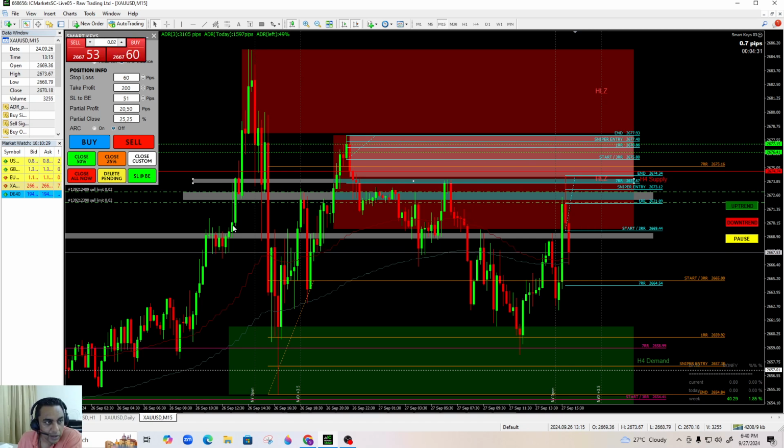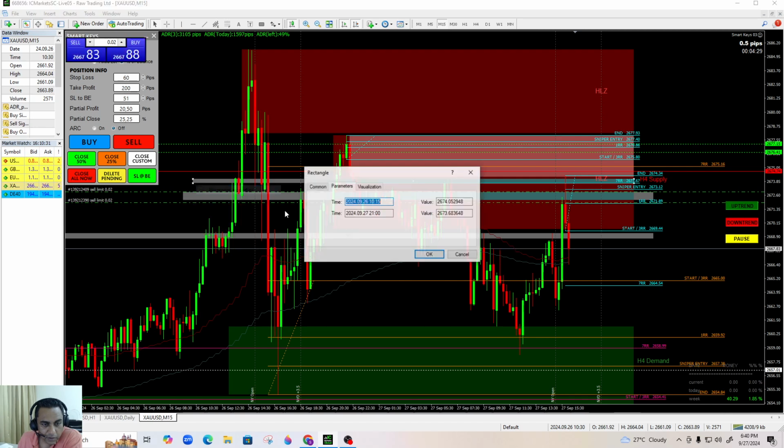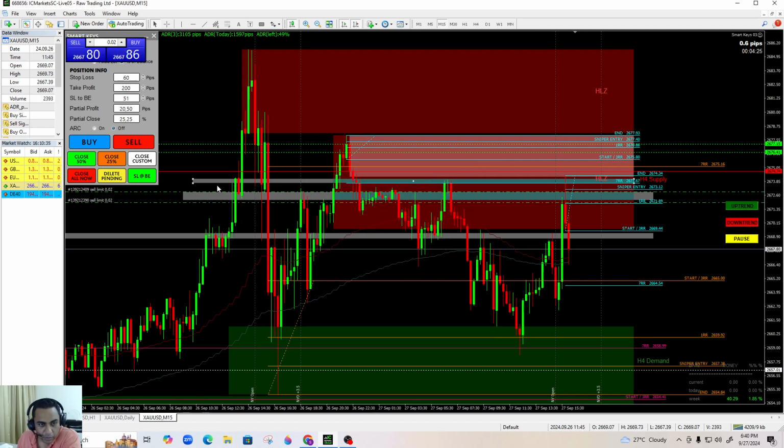Okay, this high is 367. Price stopped right there before it moved up, and then came here, closed below, but pulled back up here. That high sits perfectly with the open of this.